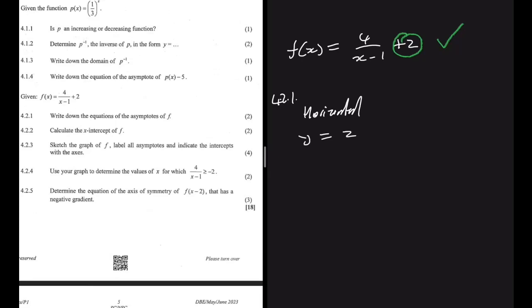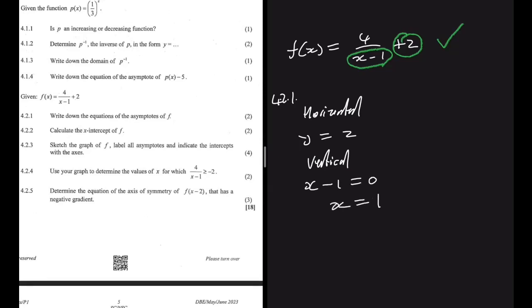Now what we need is our vertical asymptote. Our vertical asymptote will be where the denominator equals 0, right? Because we know that we cannot divide by 0. So if you equate the denominator to 0, you're going to find an x value for which the graph never touches, right? So x minus 1 is equal to 0, and then x is simply equal to 1.